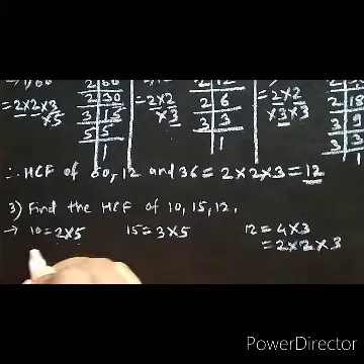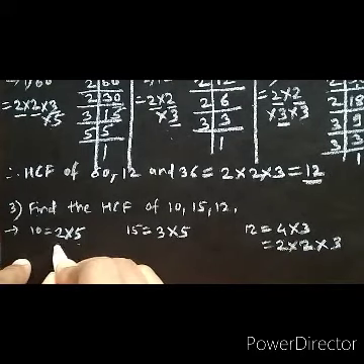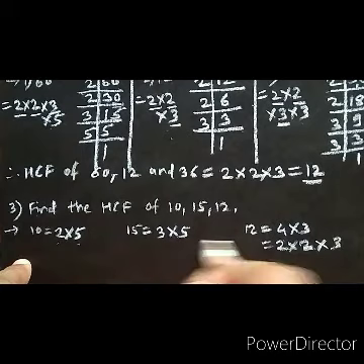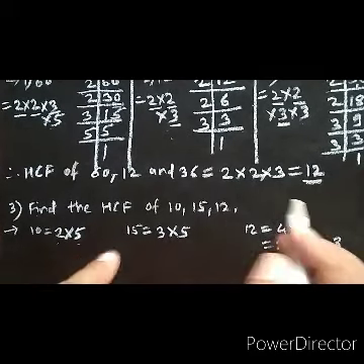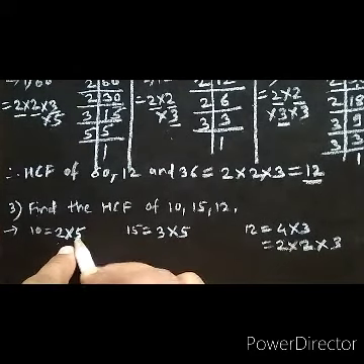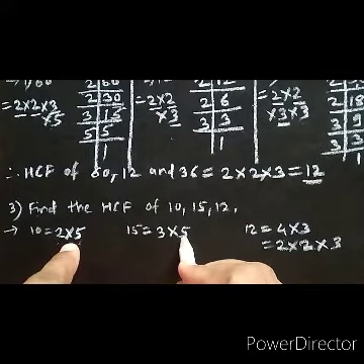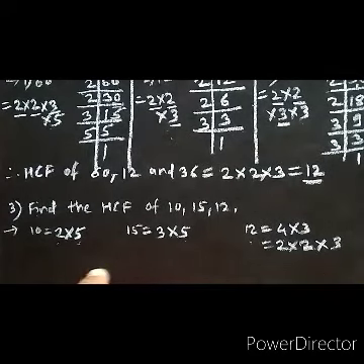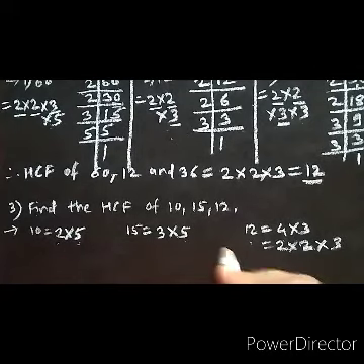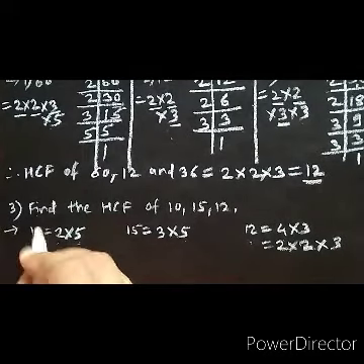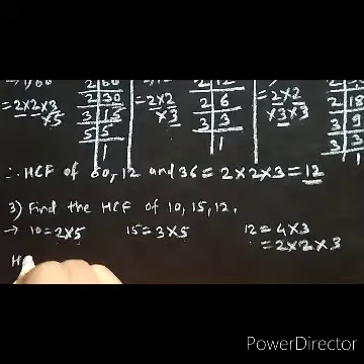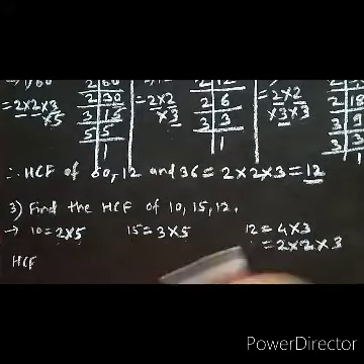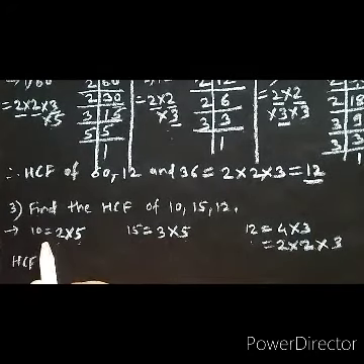Now we have to take common divisors. 2 is not there in 15. 5 is there in 10 and 15, not in 12. Therefore here HCF of 10, 15 and 12, that is 1, because there is no common divisor except 1.